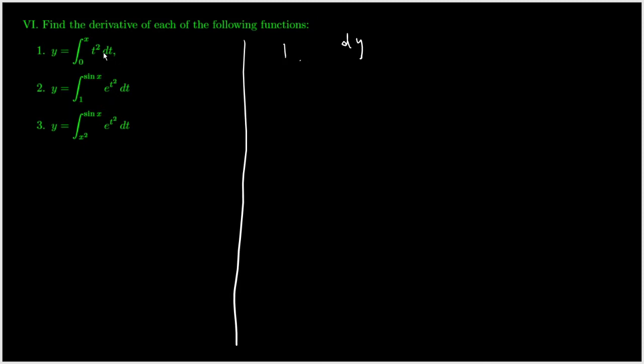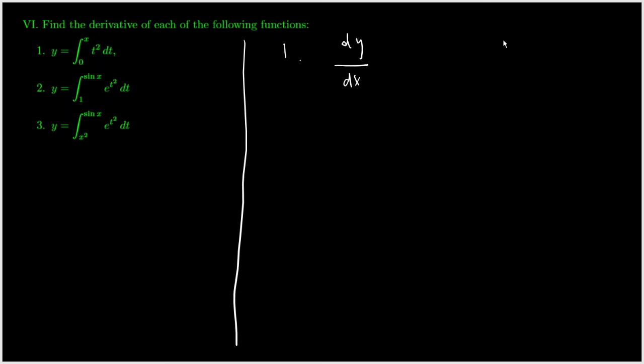For this type of question, we prefer to use the Leibniz notation. You are going to see why very shortly. The derivative of y with respect to x. In order to use FTC, all you need is to check: is the upper limit the independent variable? So by that I mean, am I trying to evaluate the derivative of the upper limit function y with respect to the upper limit?